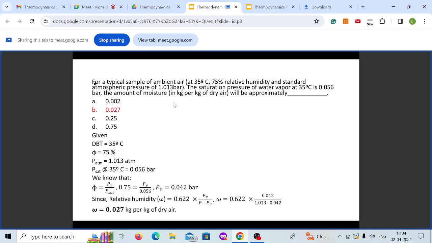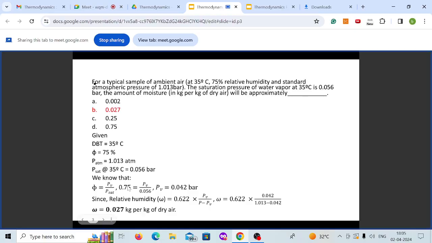What we know is the dry bulb temperature of 35 degrees Celsius, the relative humidity of 75%, and the atmospheric pressure of 1.013, which is the total pressure including the dry air and the water vapor. Then you know the saturation pressure at 35 degrees Celsius.